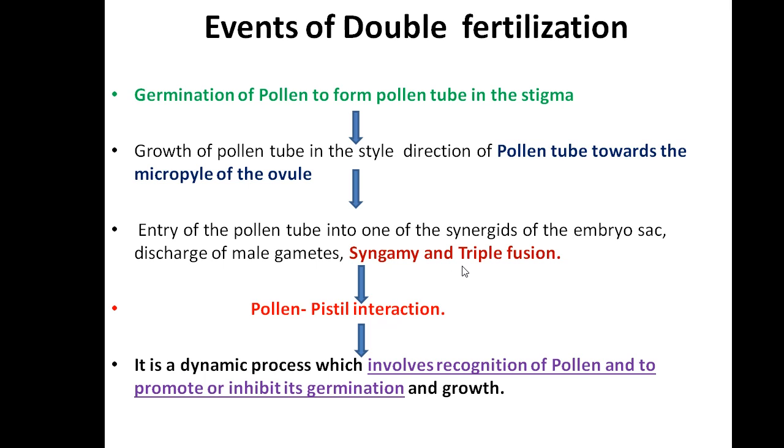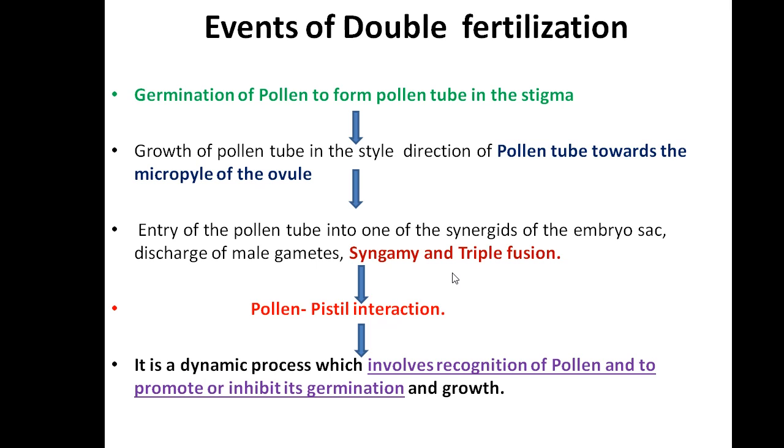This pollen tube, which germinates on the stigma, travels through the style and comes to the ovule through the micropylar end. Inside the ovule you have the embryo sac, nucellar tissue and so many parts. The embryo sac consists of two synergids, antipodal cells and polar nuclei.